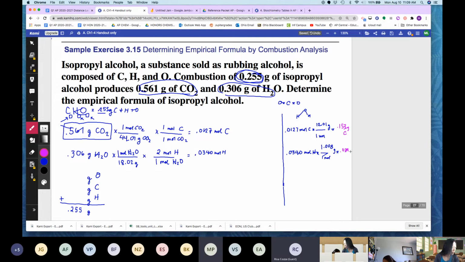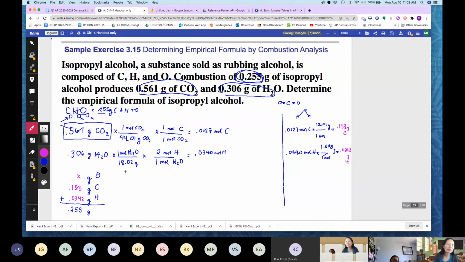I got 0.0342. 3 is fine, whatever. This is hydrogen, right? Okay. So then over here you're gonna put carbon is 0.153. Hydrogen is 0.0342. And you don't know what this is.